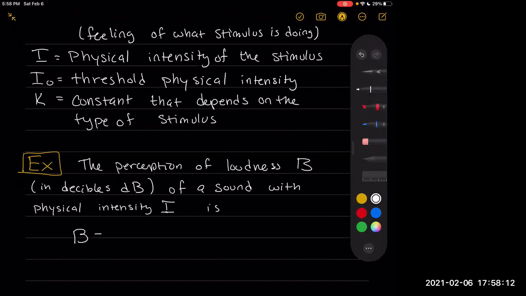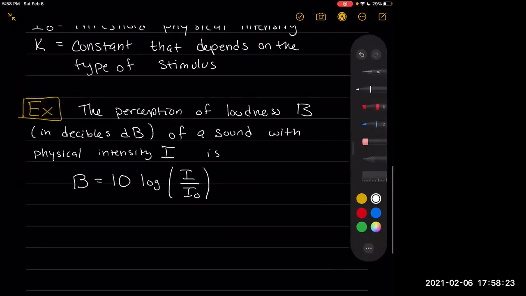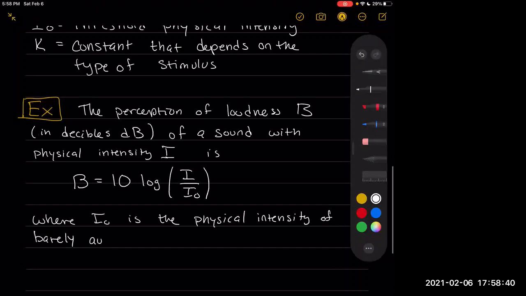So B equals 10 log I over I naught. Okay, and then where I naught is the physical intensity of barely audible sound.